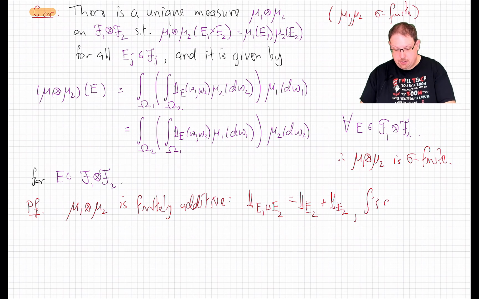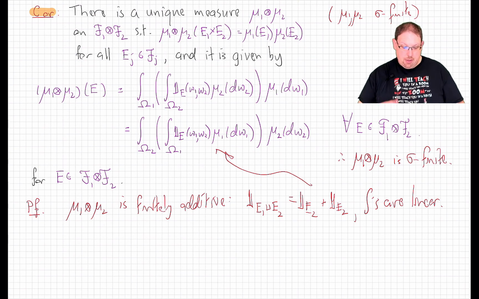And integrals are linear. So if we just plug this in over here, then this inside integral will become a sum of integrals, and the outside integral will then become a sum of iterated integrals by linearity. So that shows that the measure mu1 tensor mu2 defined like this is at least a finitely additive measure.